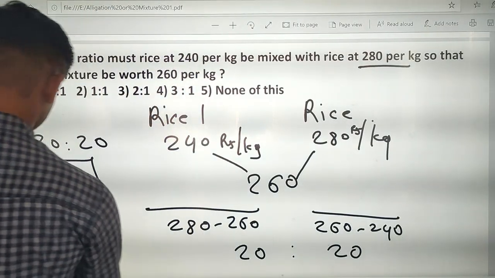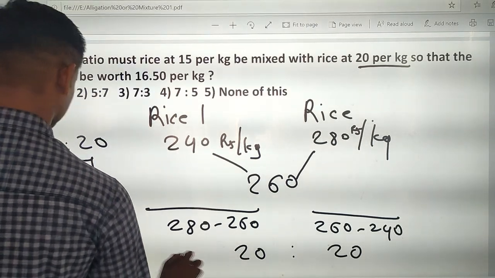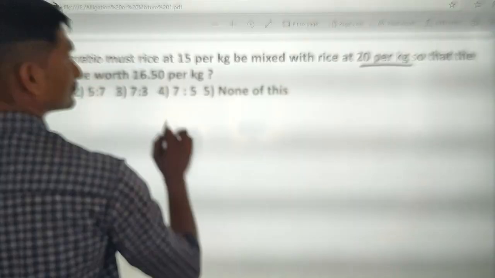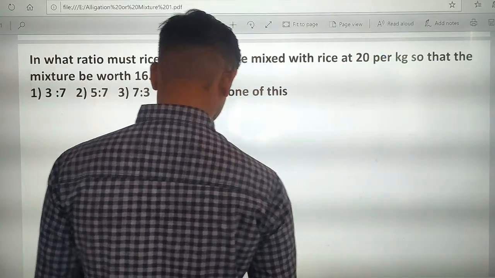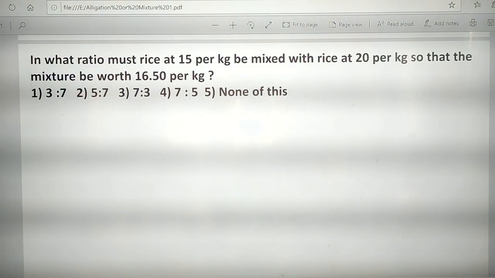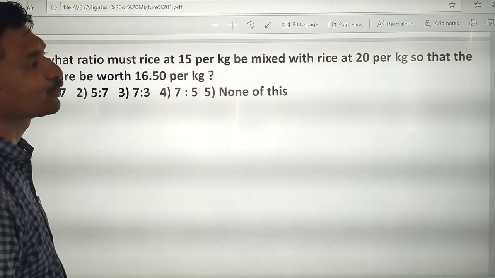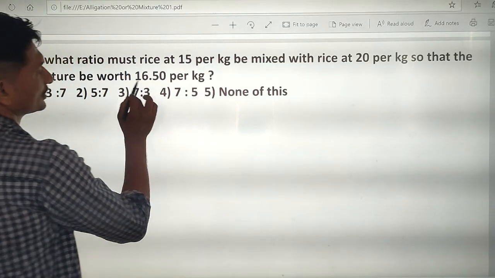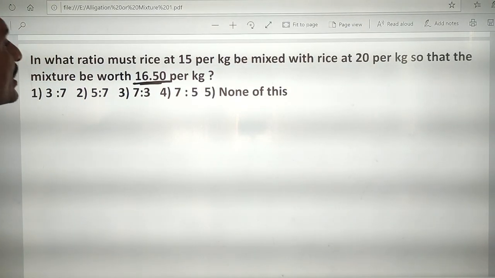Next. In what ratio must rice at 15 rupees per kg be mixed with rice at 20 rupees per kg so that the mixture is worth 16.50 per kg?